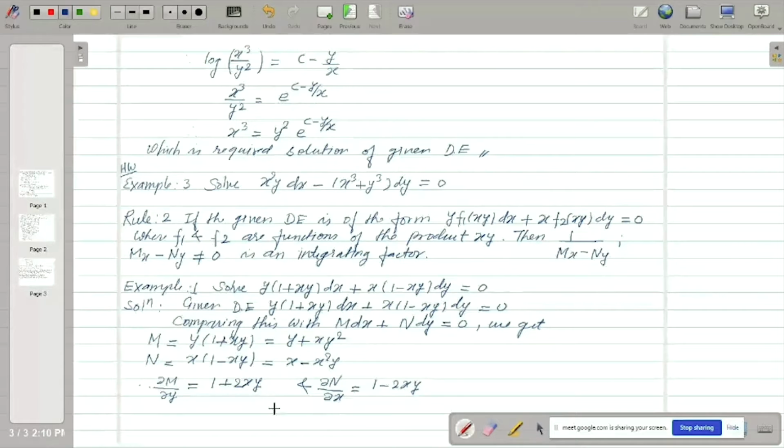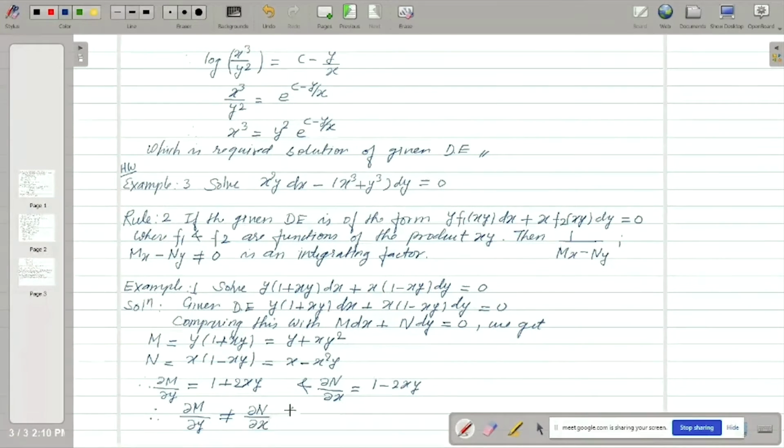See here, from these two we can observe that everything is the same but the sign is different. So we can say dou M by dou y is not equal to dou N by dou x.